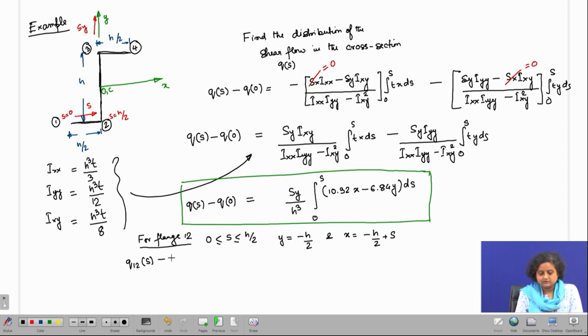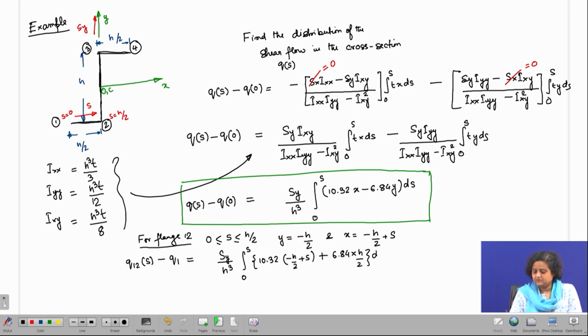Now, Q0 is going to be Q1, and that is going to be Sy by h cube, integral from 0 to s of 10.32 into (minus h by 2 plus s) minus 6.84 into (minus h by 2) ds. So, this is what we have.